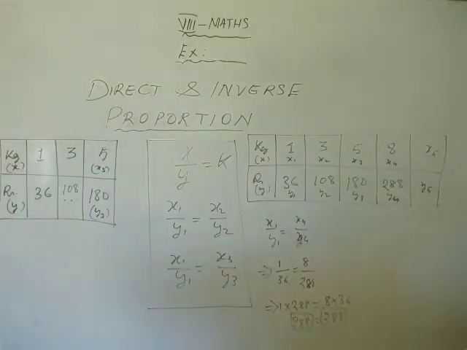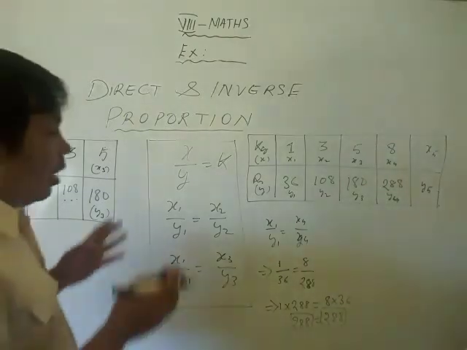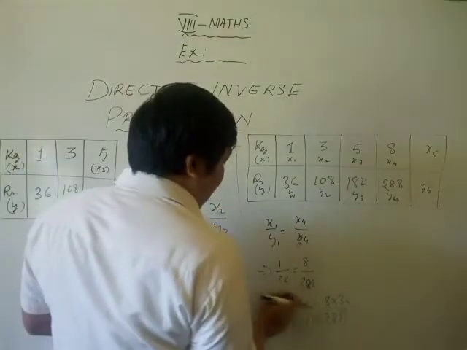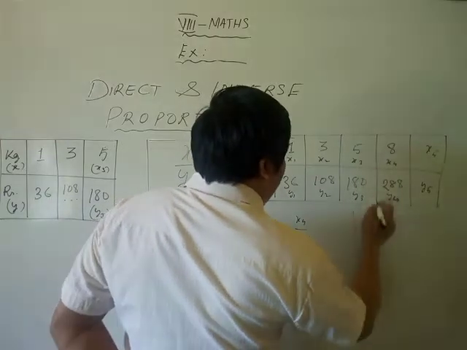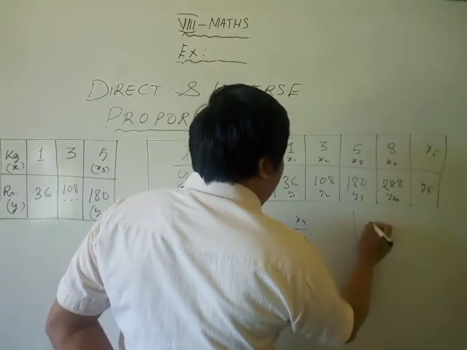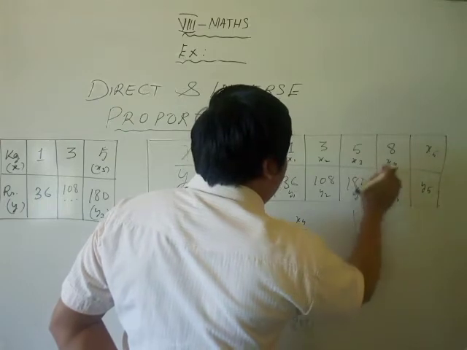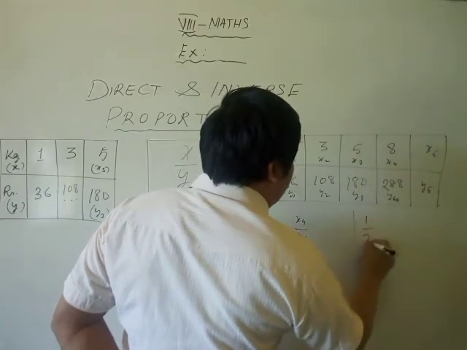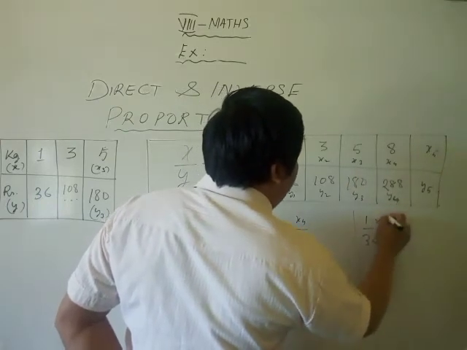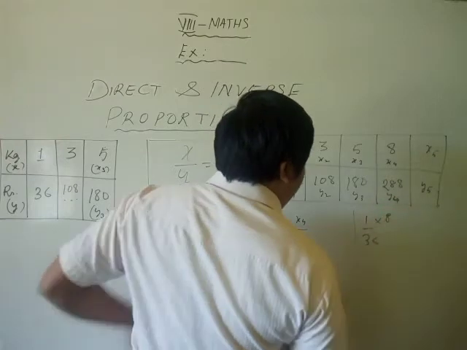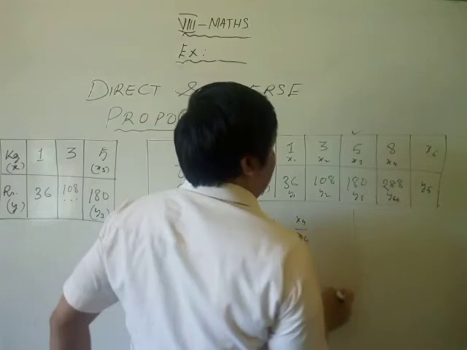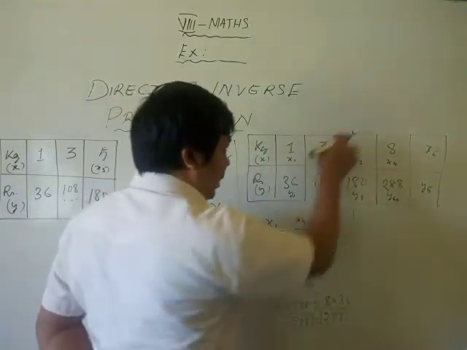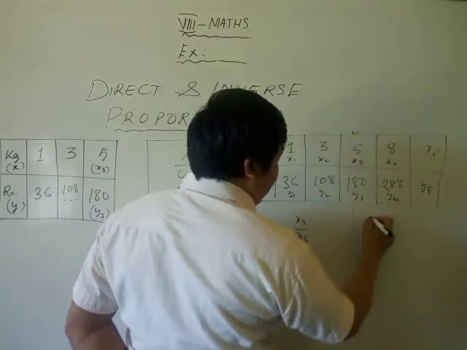So what happened? How did we get all these values? I'll show you here again. See here, 1 and 36, it multiplies by 8 here. Let us see for this x3, the column of x3 and y3.